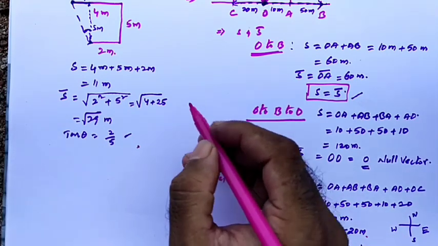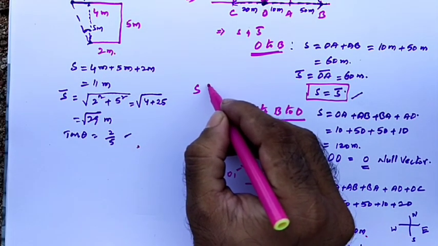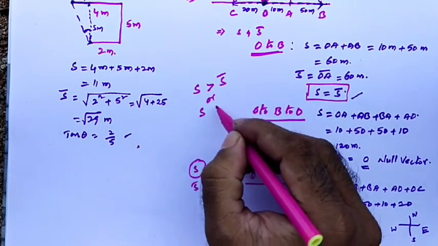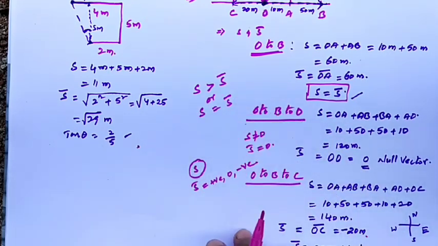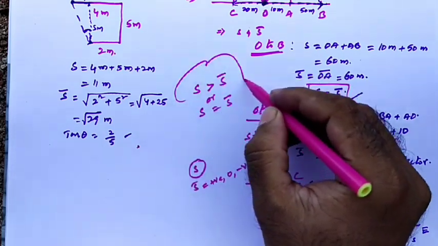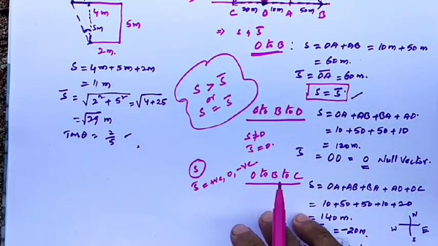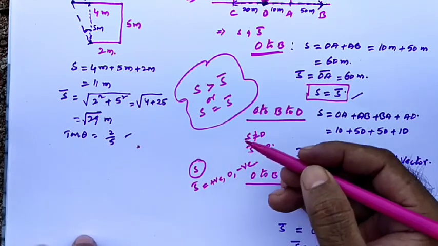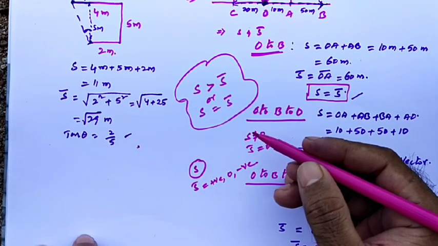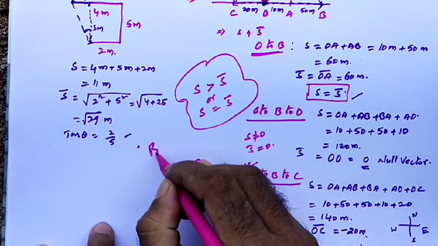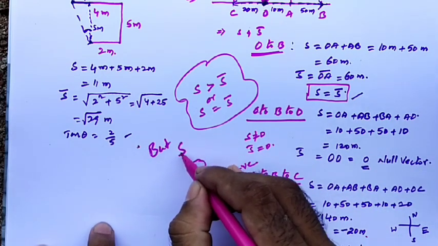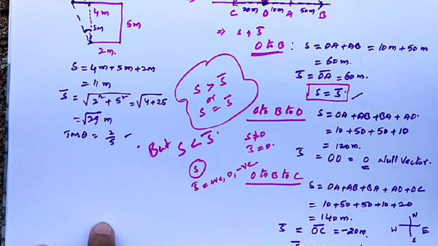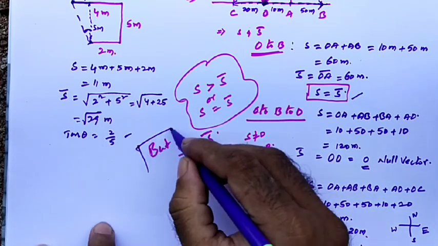And one more point is that distance is always greater than or equal to displacement. See, in all the cases distance is either greater than displacement or equal to displacement. But distance is never less than displacement.